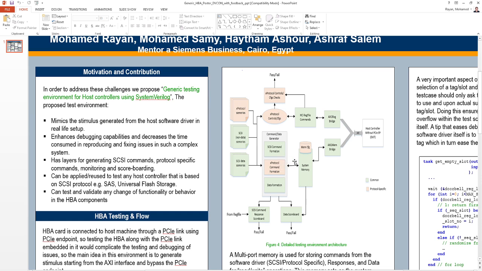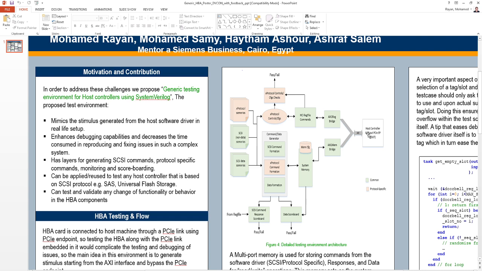After the command is written into the memory, this layer is notified. The transaction is then sent as an HCR register file command, which is written into the register file inside the host controller to notify the host controller that a command is ready. We have two bridges here.